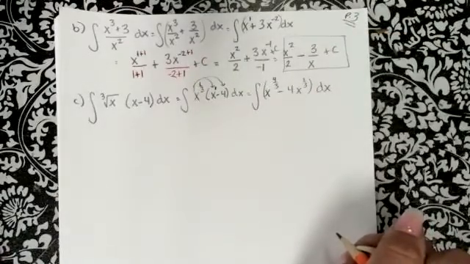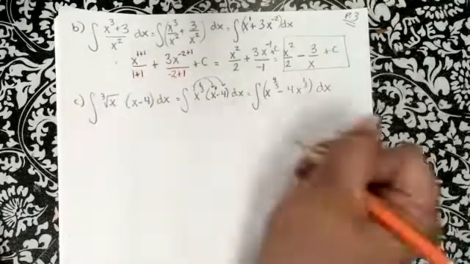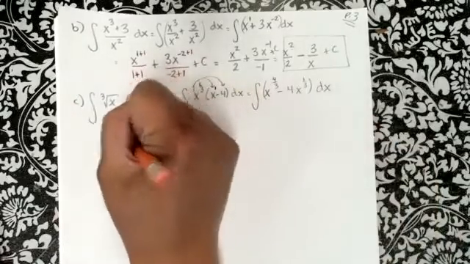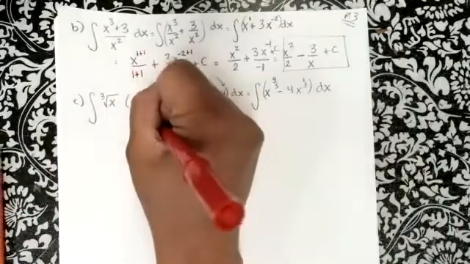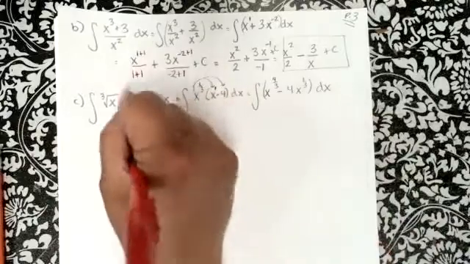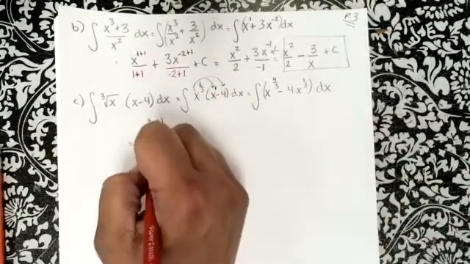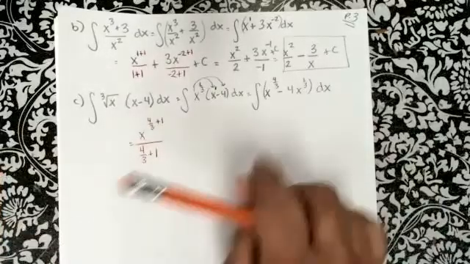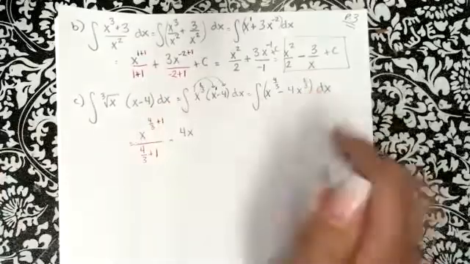Now I'm going to go ahead and apply my antiderivative. So I'm going to write it as x to the 4/3. Now I'm going to add 1 to the exponent. And whatever that exponent is, I'm going to divide by it. Minus 4 x to the 1/3.